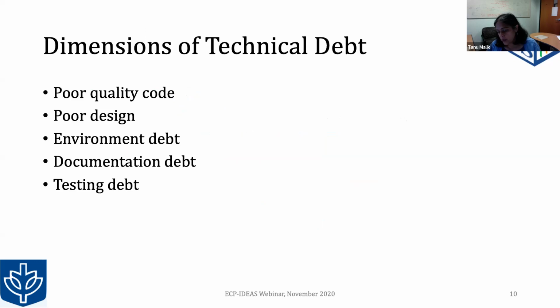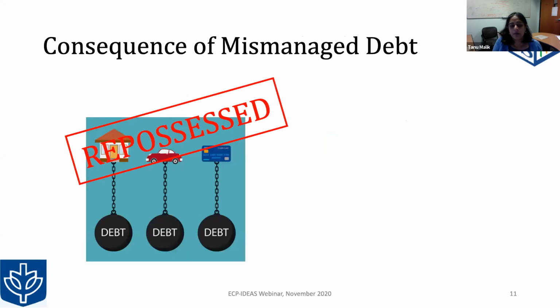Now, going back to our analogy, if we do not repay our debt in any way, what happens to our commodity is that it is repossessed. So what should happen for a publication on which the technical debt that has been borrowed from the scientific software is not repaid?